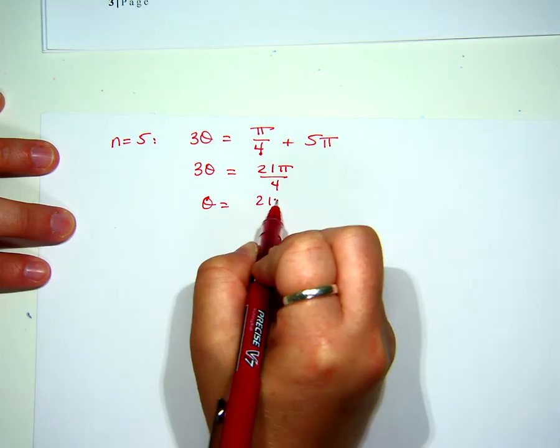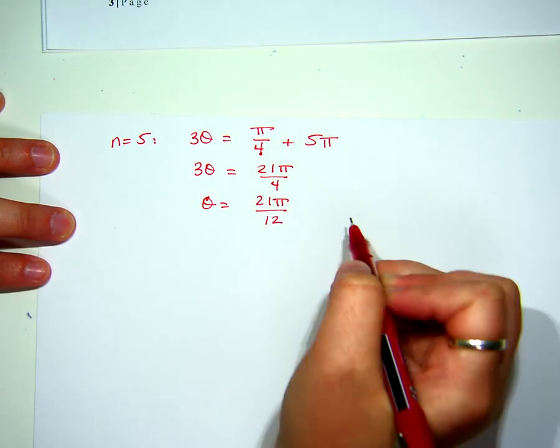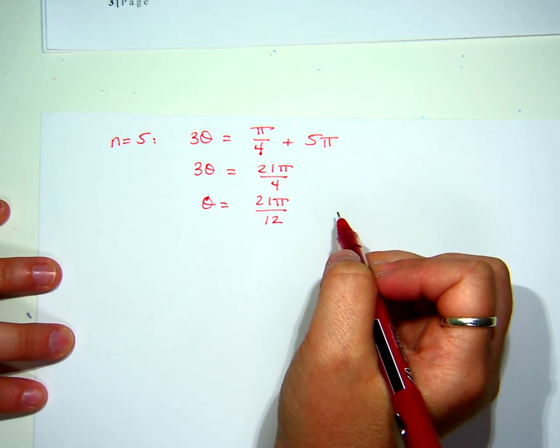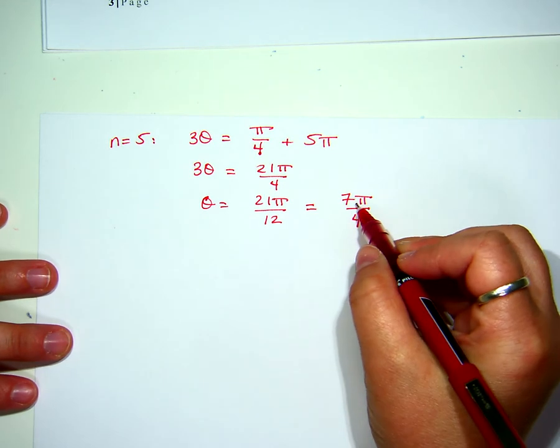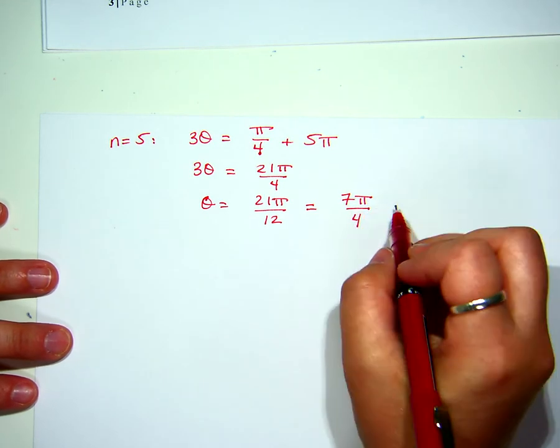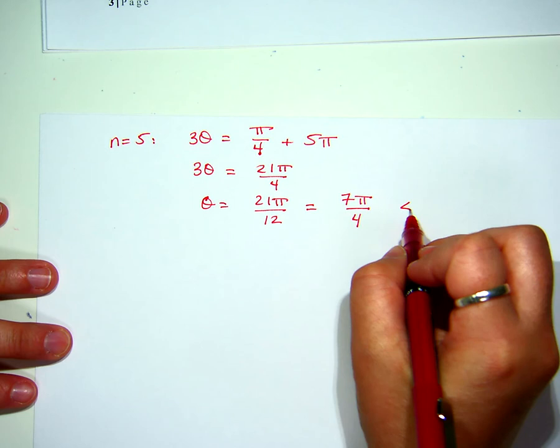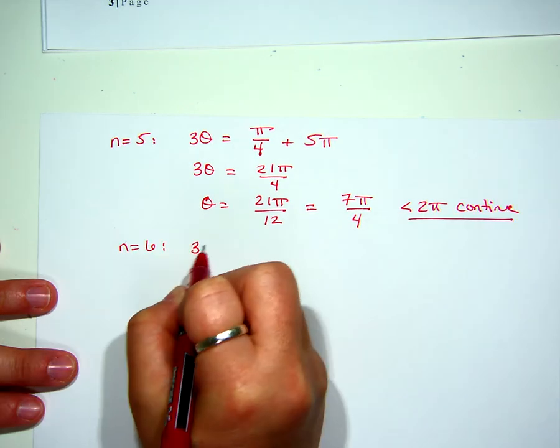Theta equals 21 pi over 12. Simplify. 7 pi over 4. 4 goes into 7 one whole time, which is less than 2, so I'm going to continue. Almost done.